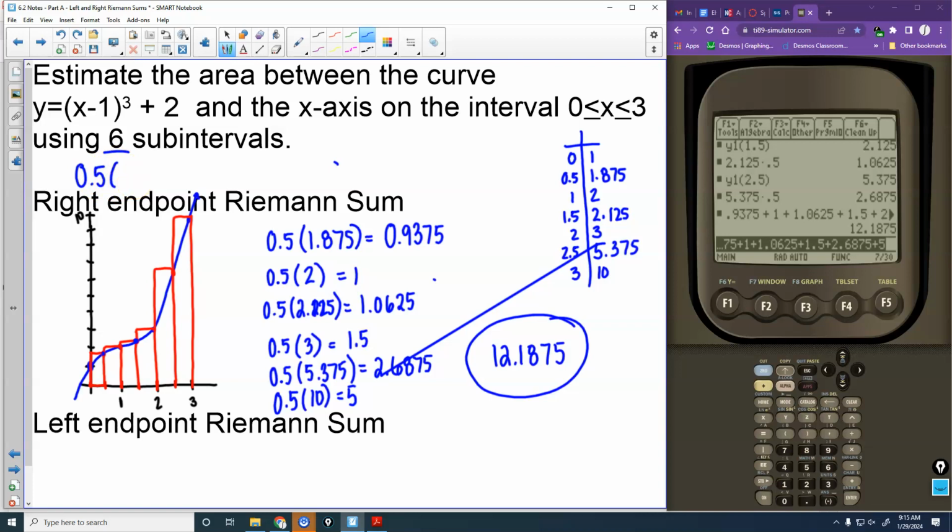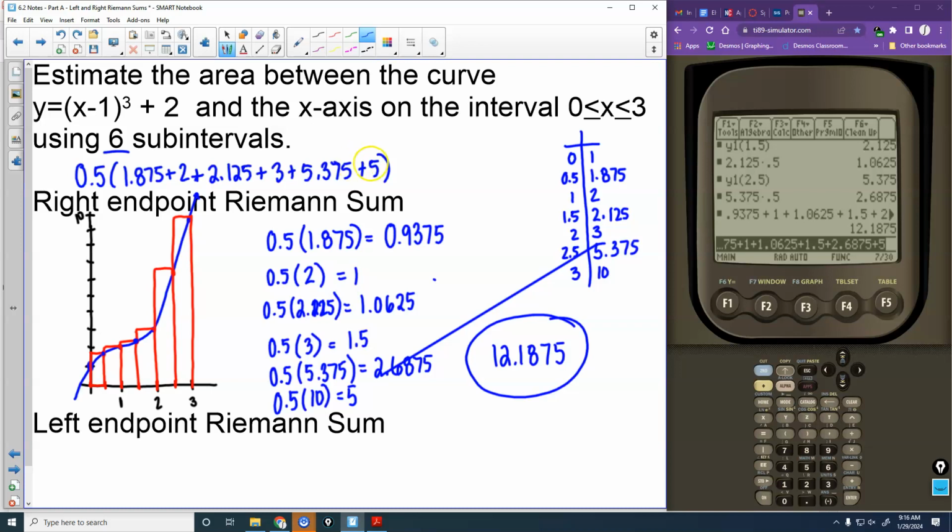So, like, if I had 0.5 times 1.875 plus 2 plus 2.125 plus 3 plus 5.375 plus 5, that would help me a little bit, right? At least I don't have to do all these middle calculations.